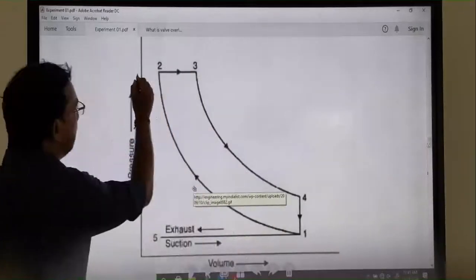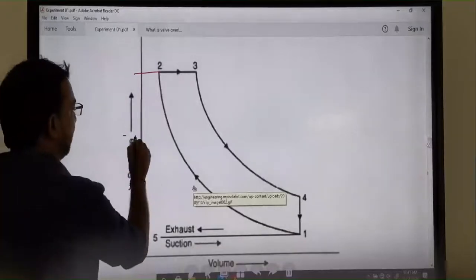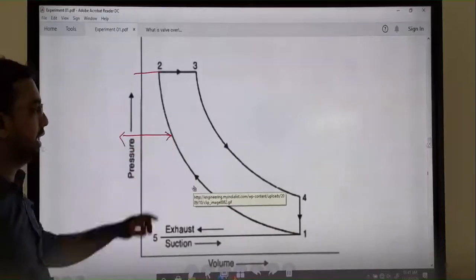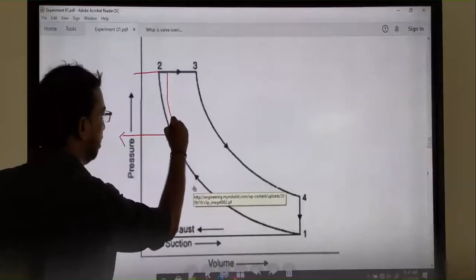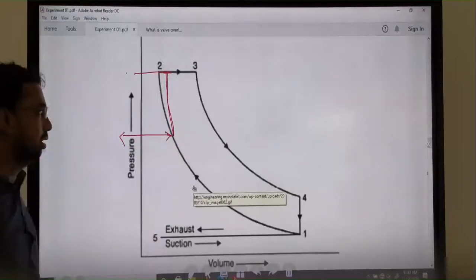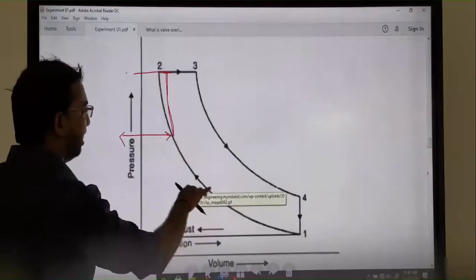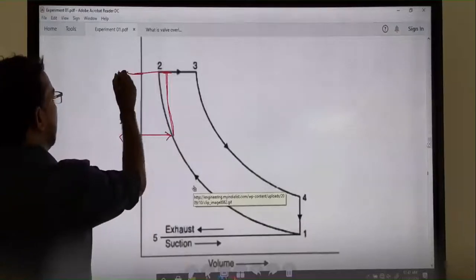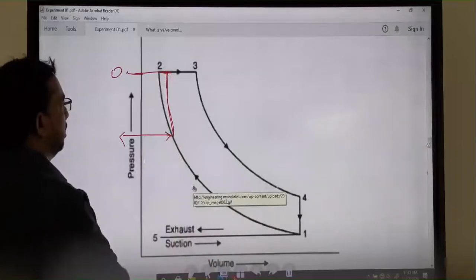The 1 to 2 is a compression stroke, but the petrol engines normally achieve the high pressure in this area like this. That is compression, and the ignition process, the pressure achieved to this point. But here there is no spark ignition, so because of this high compression, this particular amount of pressure is achieved by only the compression process.